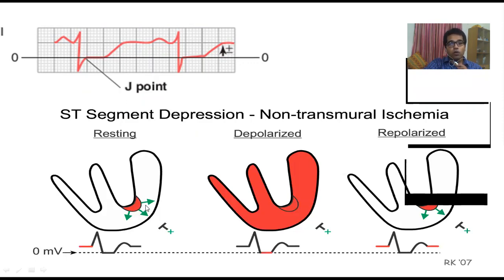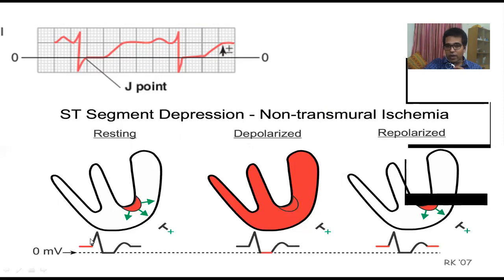That will cause a net movement of current from the infarcted area to the surrounding healthy tissue. So even in the resting condition, this injury current will be recorded by the adjacent lead. This TP segment will be shifted upward on the ECG paper in the adjacent lead.